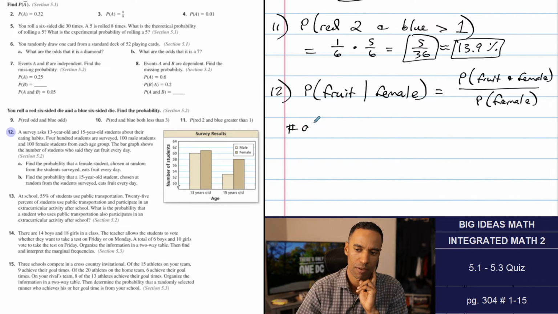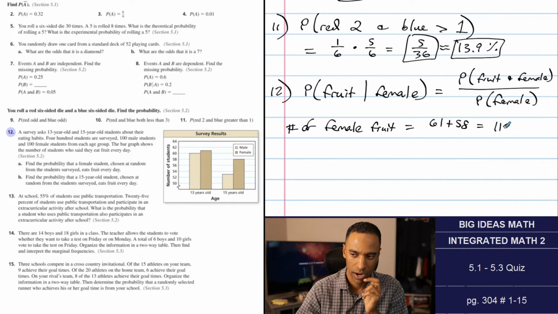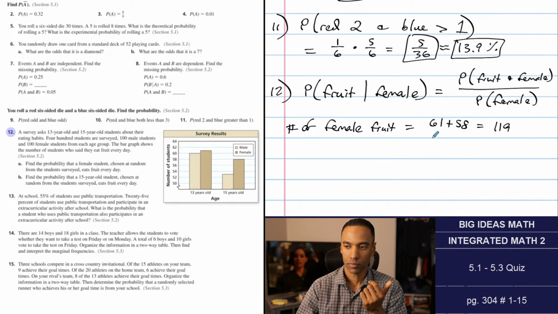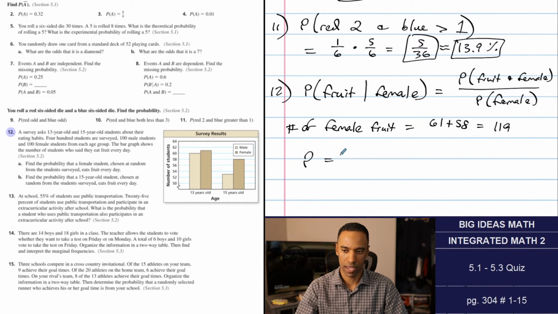So the number of females, these are ones who eat fruit, by the way. The number of female fruit eaters is 61 plus 58, which is 119. Now there are 200 total females. So our probability is 119 out of the 200.